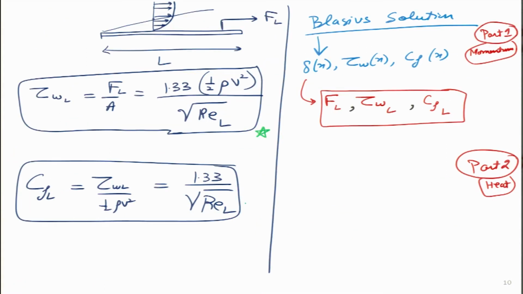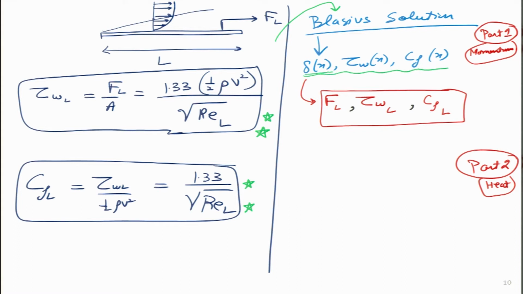So we can see that we have obtained these two relationships that I have highlighted with green star on the left hand side, which is the shear stress for the whole plate, the average value, and the coefficient of friction, average value. Let us move on to the right hand side and just recap how we have actually progressed. We started with the Blasius solution, which gave us these values over here.